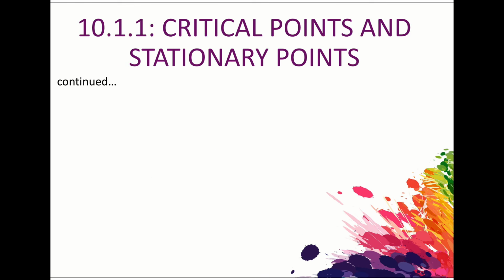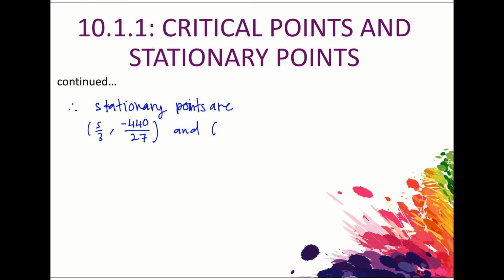So from all the values that we have obtained now, we can conclude that the stationary points are (5/3, negative 440 over 27) and (negative 2, 33).